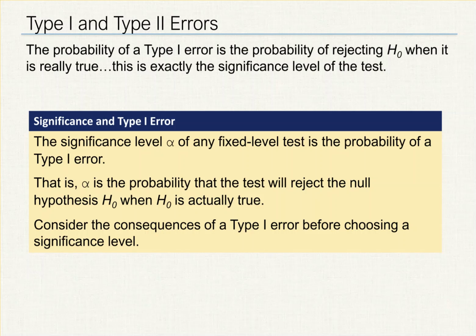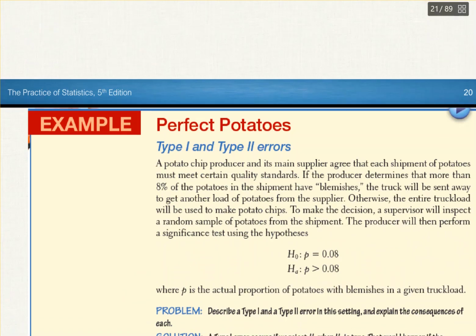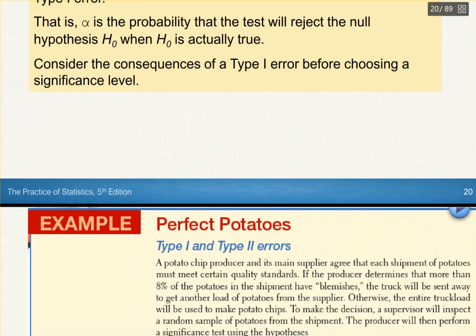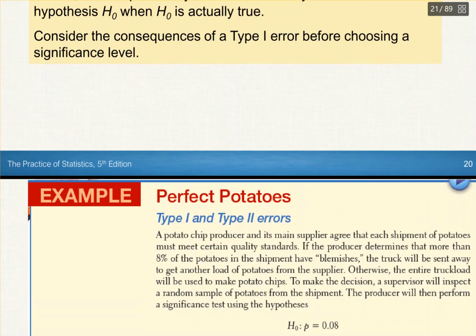Like, if there's a drug that might help your blood pressure, but has a small risk of very, very significant side effects, you want to be absolutely certain that it does what it says it does before prescribing it. Because if your potential side effects include death, well, you don't want to be taking a medicine that actually doesn't make any difference. So there are times where you'd want to have alpha be very small, and sometimes where you don't have to have it quite as small.